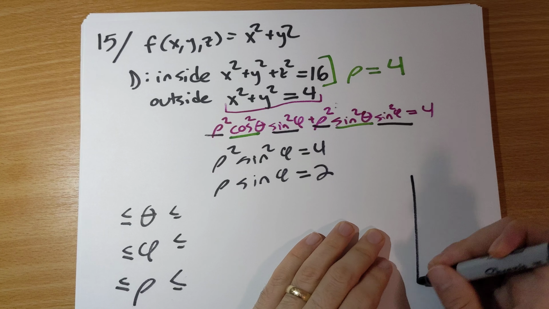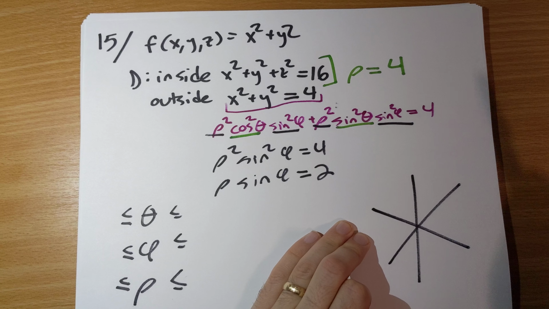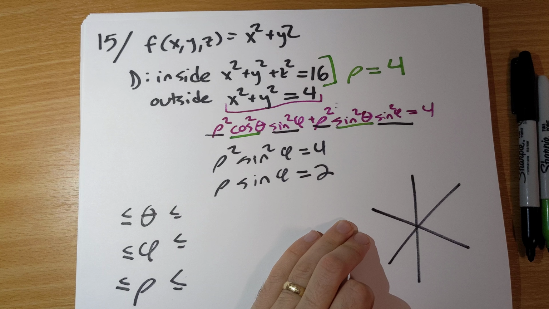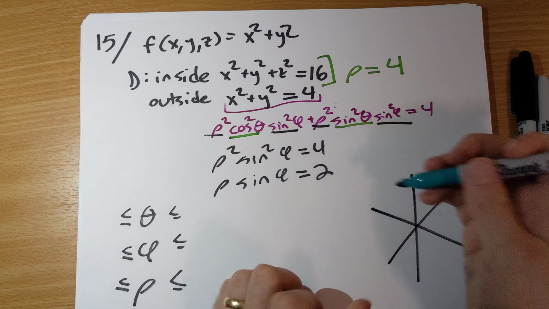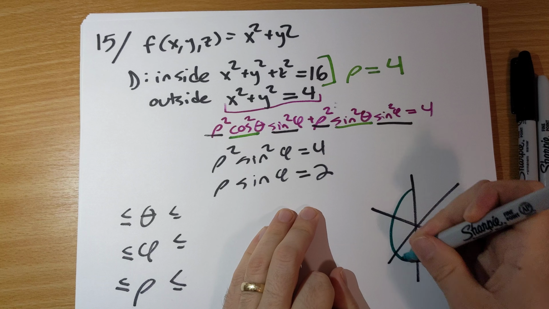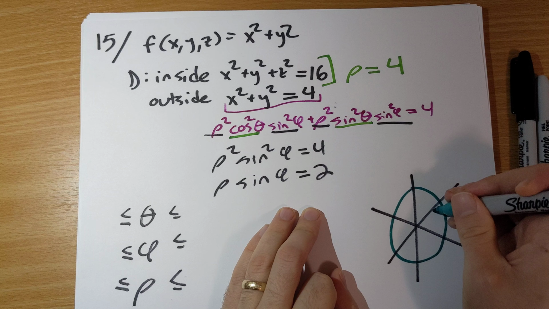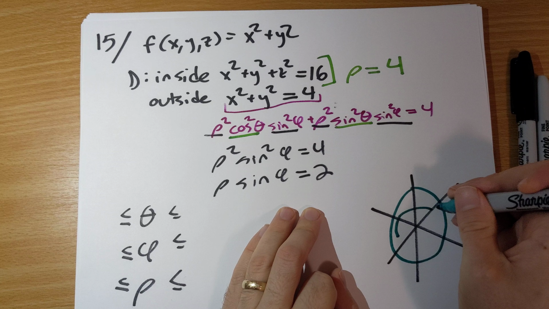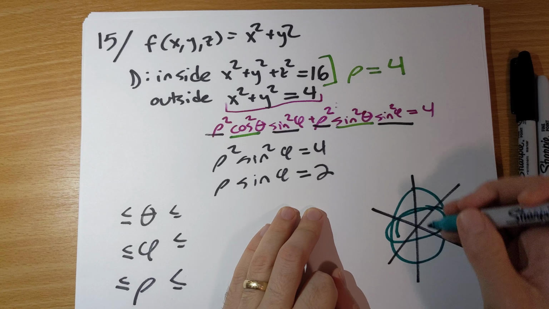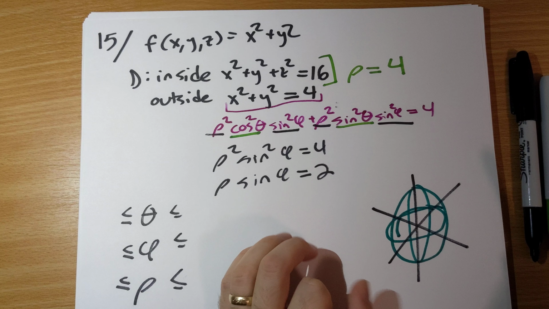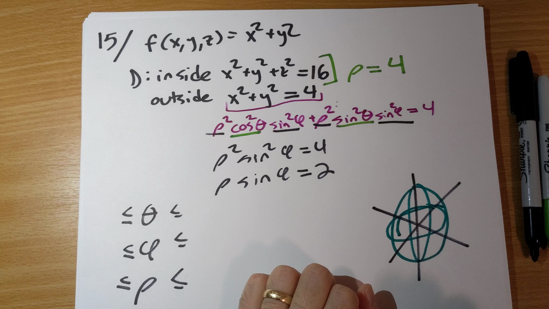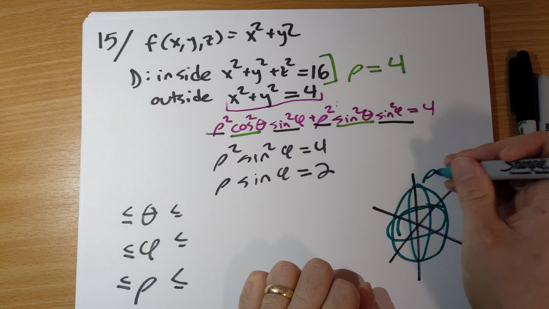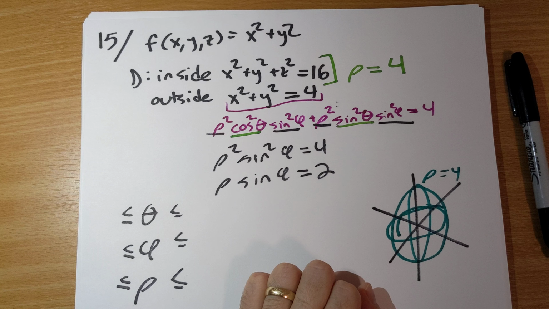Okay, so this is the region inside this sphere. This is the sphere, rho is equal to 4.